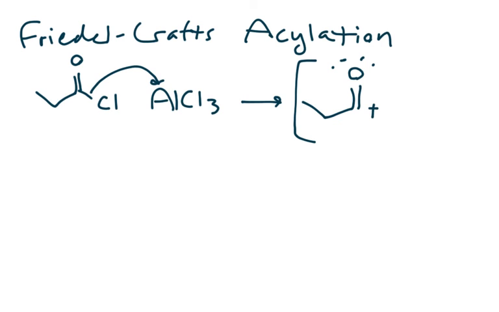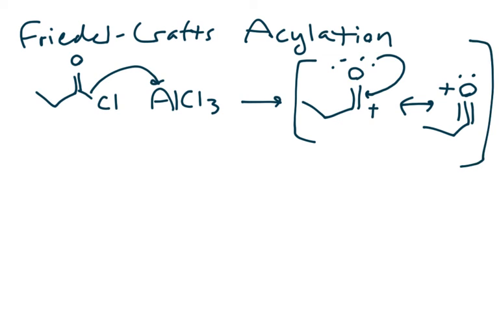But this oxygen, which has 2 electron pairs right now, is going to kick another electron pair into that bond, and we're going to have this. And I know that's not the geometry of a triple bond, but now the oxygen is positive, and we have a resonance structure.